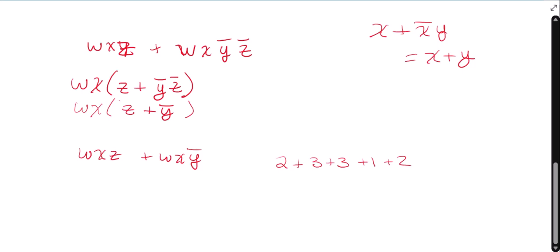And then this one, I've got one AND gate with 2 inputs, and I've got one OR gate with 2 inputs, and I have another AND gate with 2 inputs. It sure looks like this one is less cost. So I would go with that one.